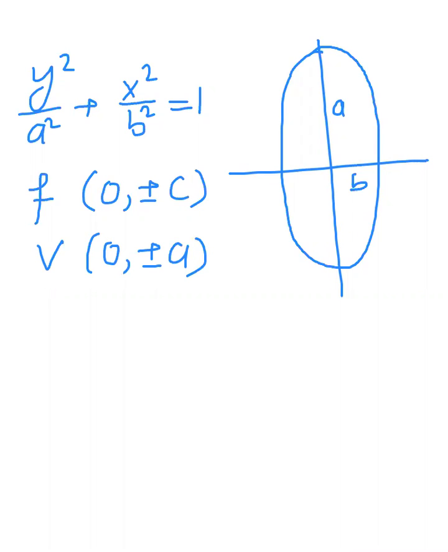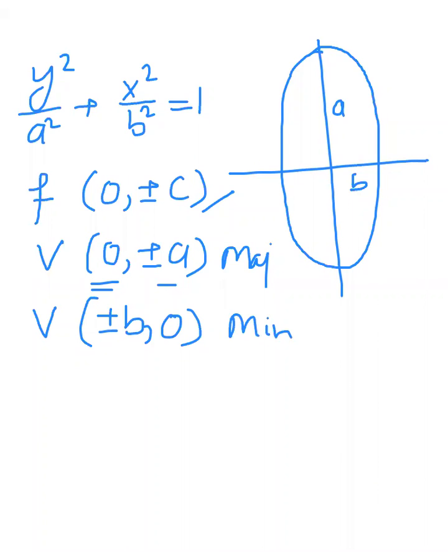Hope you remember when we were talking about the x-axis as major axis, at that time the vertex was on the x-axis, so that was (±a, 0). Now the vertex on the minor axis is (±b, 0). Try to see, focus is (0, ±c), vertex on the major axis is (0, ±a), vertex on the minor axis is (±b, 0).